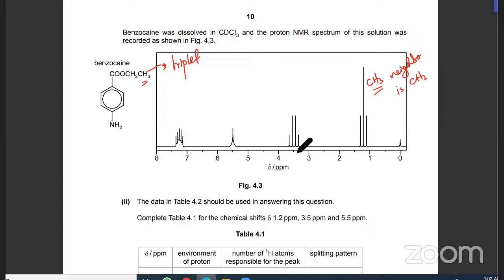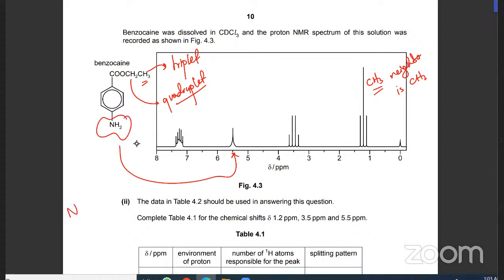CH3, so this must be the CH2 one. Yes, the neighbor is CH3, right? That's going to be a quartet peak, because right next door there is a CH3. Then you have a singlet. Who's going to give me a singlet? NH2. Remember NH2 and OH are always singlets. They're always singlets, and they don't cause any splitting as well. So these 2 are always singlets.